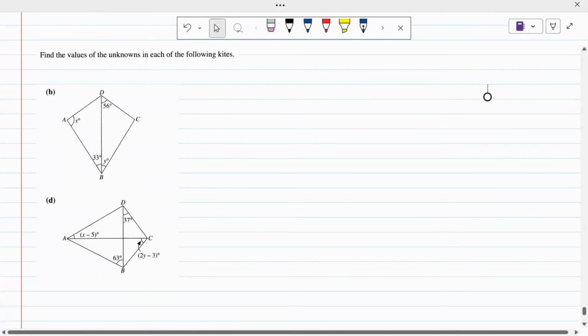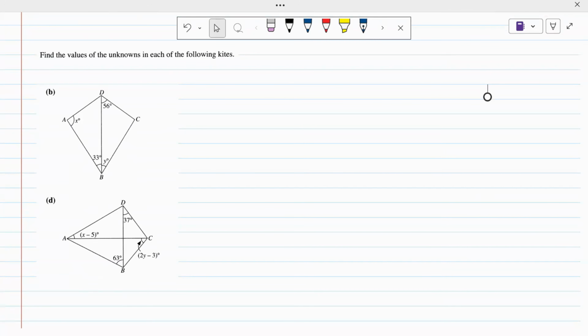Okay, kite. For a kite, we know that we have two congruent triangles and two isosceles triangles. For part B, in a kite there are always two diagonals, the shorter one and the longer one.